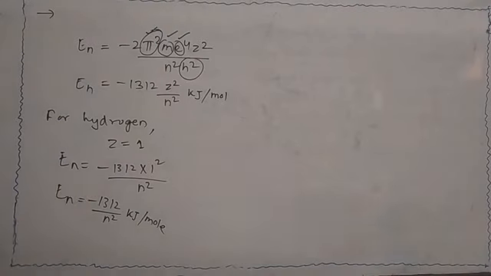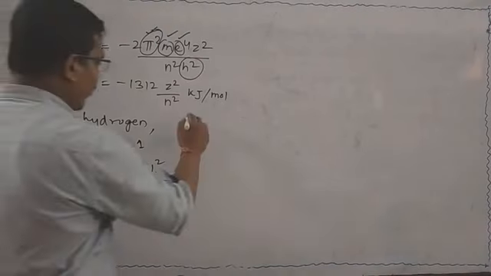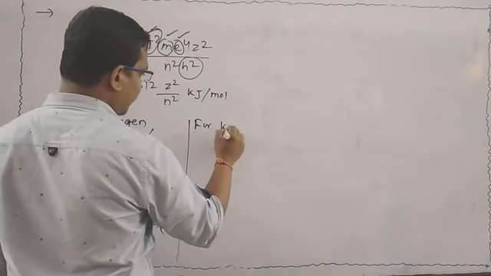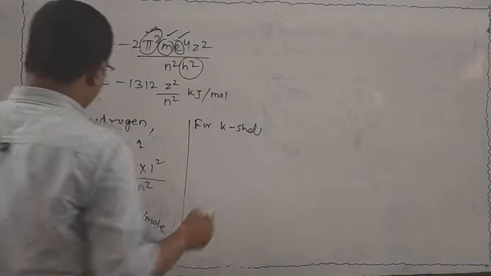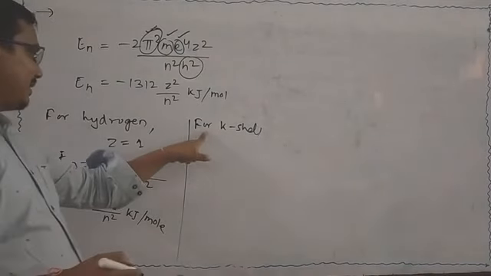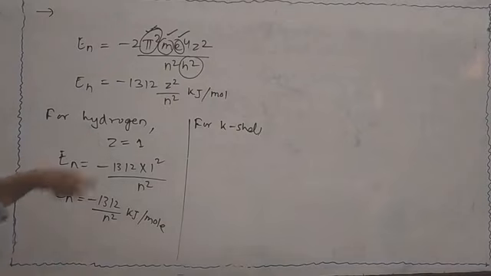If you want to find the energy for the K shell of a hydrogen atom, n is equal to 1.